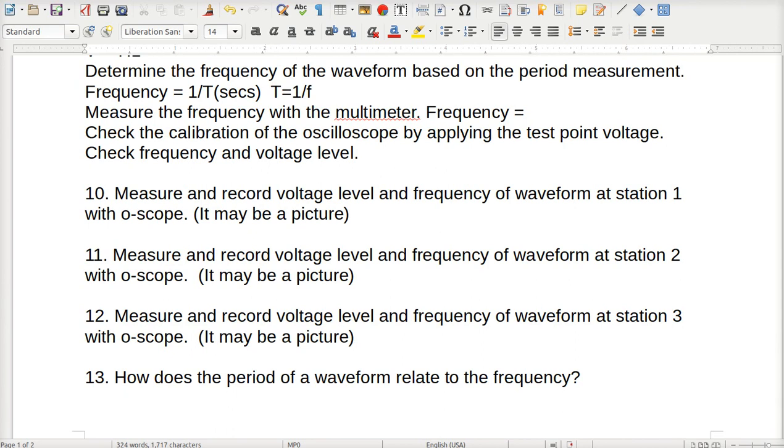I'm going to put a waveform out there, and then I will go in there and let you tell me. I need a voltage level and I need a frequency.